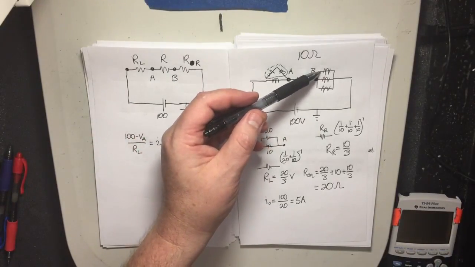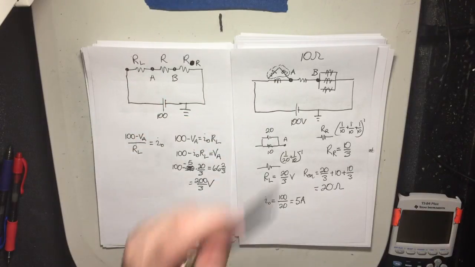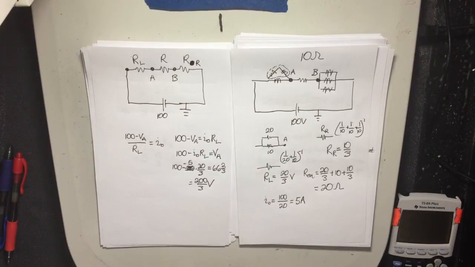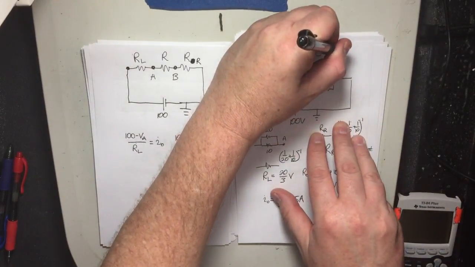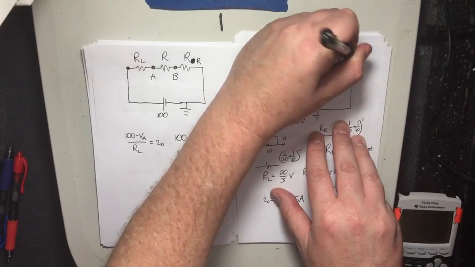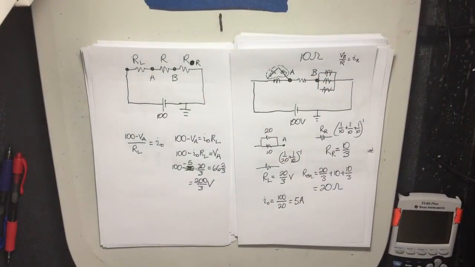Now, if you wanted just the current, one of the things I get out of determining VA and VB is that suddenly all the currents become very easy to determine. The current across that resistor is simply VB divided by R. I know the high voltage, the low voltage, I know the resistance, bam, I got the current.